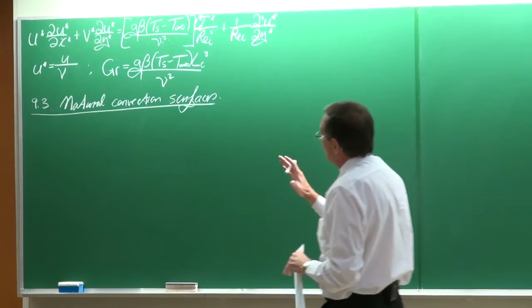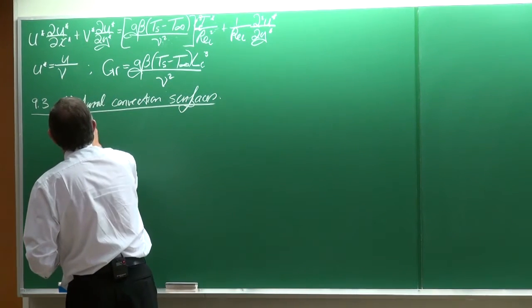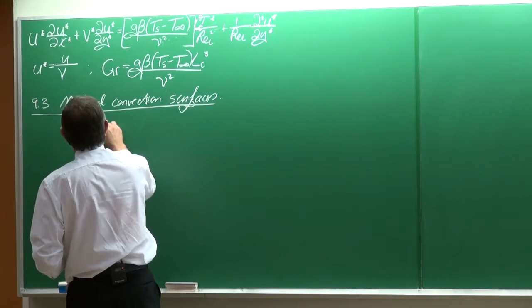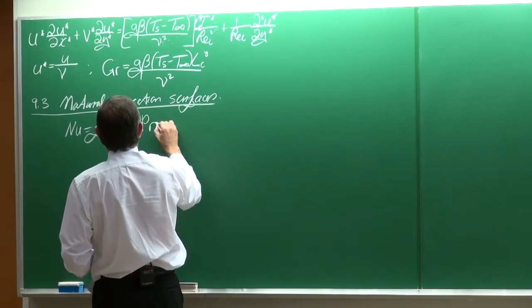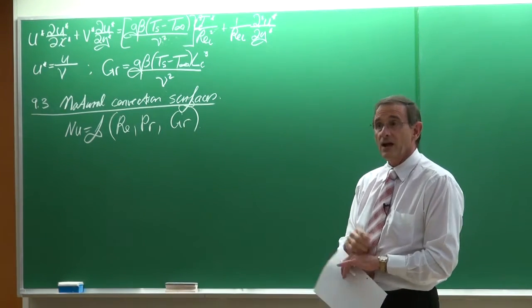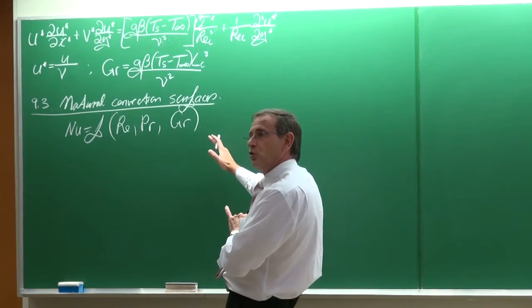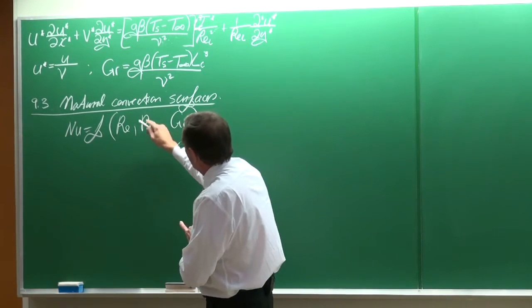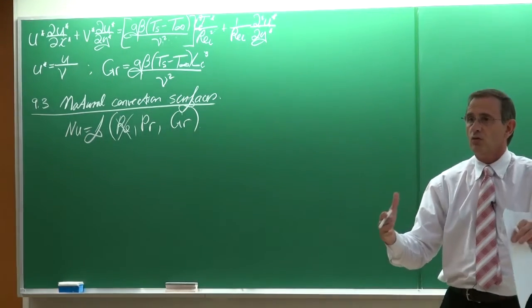So natural convection on surfaces is all about the fact that the Nusselt number, as I've mentioned to you in the beginning, is always a function of the Reynolds number, the Prandtl number, and the Grashof number. Okay. However, with problems which are really at the extreme of natural convection, there's no Reynolds number, or it is very small.